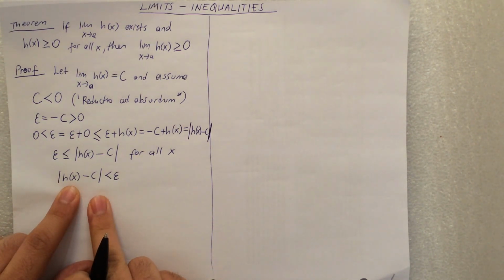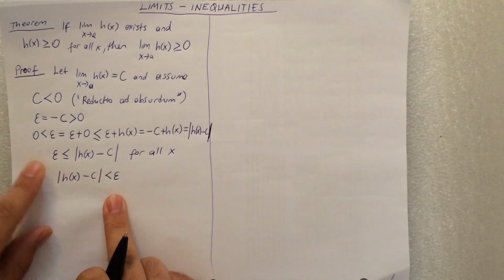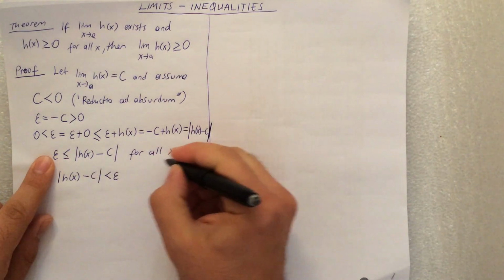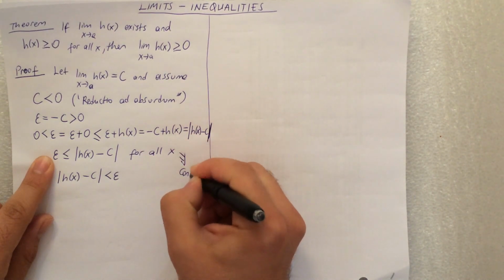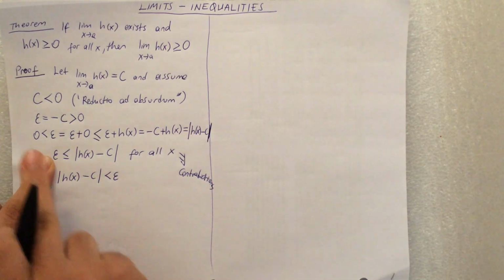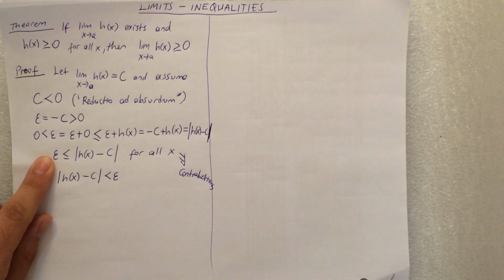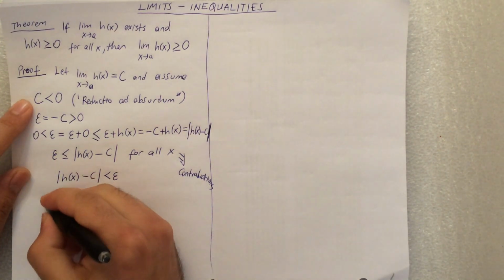But this contradicts with this one because it's the reverse of this, which means that this is a contradiction. It contradicts with the fact that this has a limit. And this means that c cannot be negative.